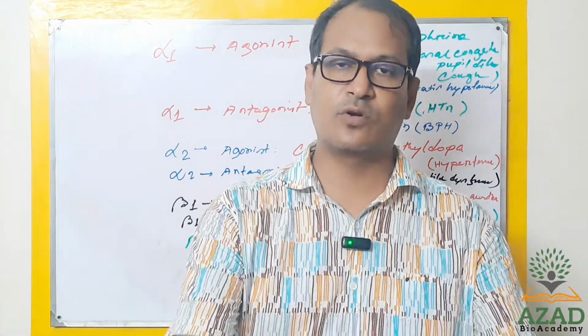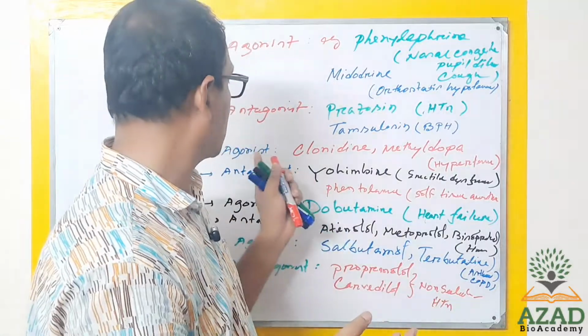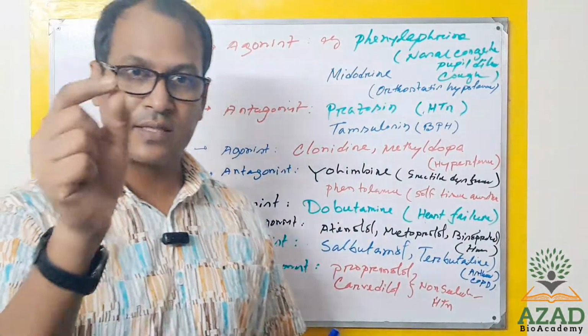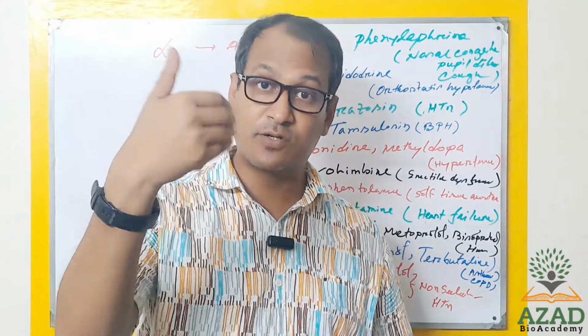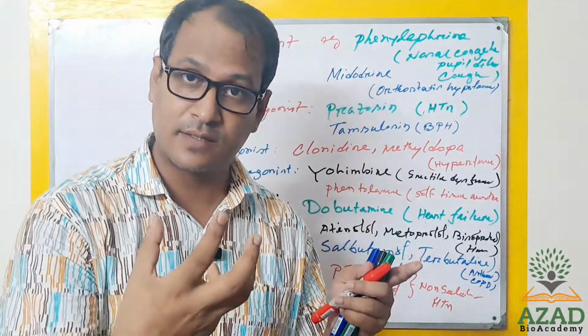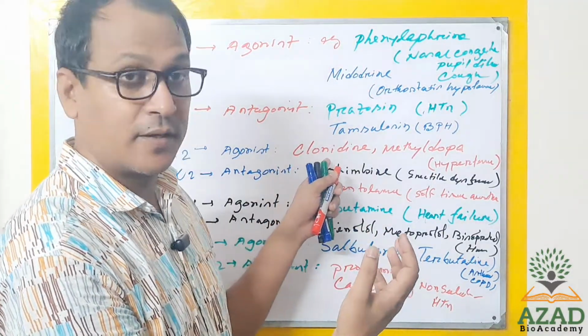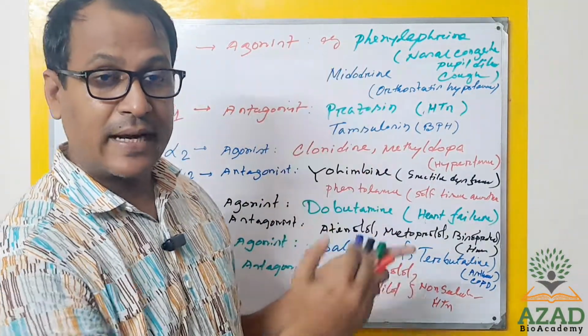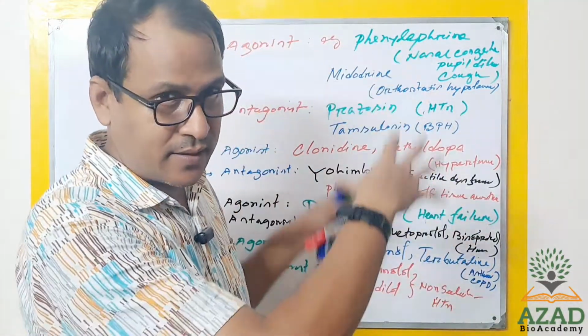So the next neuron or next effector organ will be inhibited. How? You know, alpha 2 is basically a Gi receptor. So inhibitory G protein is connected with the receptor, and those receptors are on the nerve ending. I already explained that there.